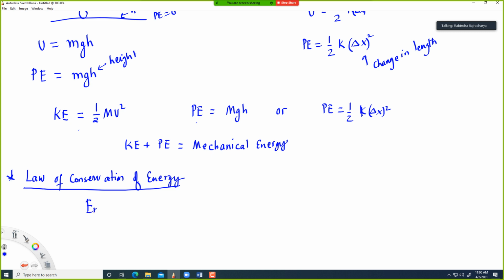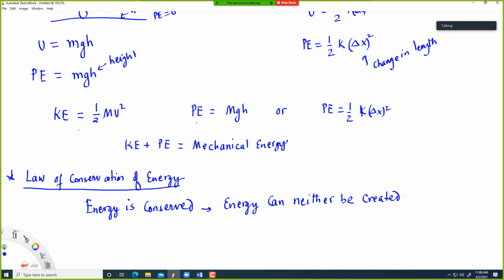So energy is conserved, and the meaning of that is energy can neither be created nor be destroyed, but it can transform from one form to another form.